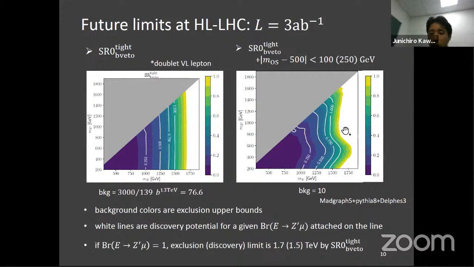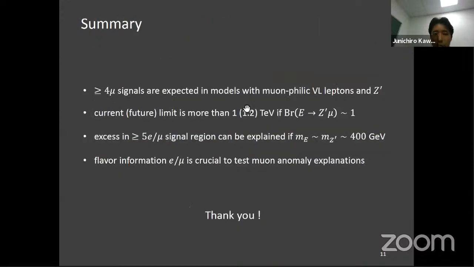With this requirement we have much better sensitivity in these regions, so we propose this kind of new cut to search for our scenario. This is a very rough estimate, but we expect much better sensitivity if we require these kinds of cuts.